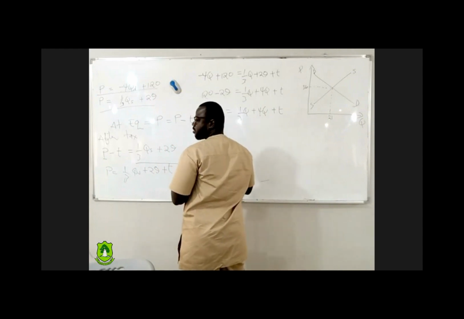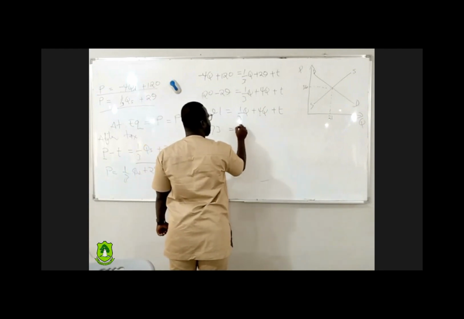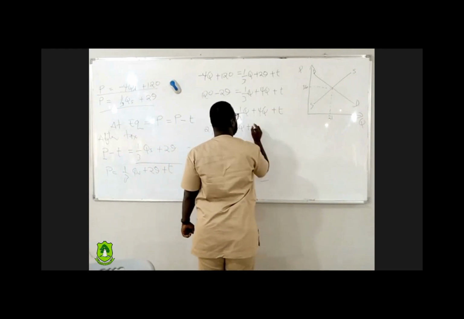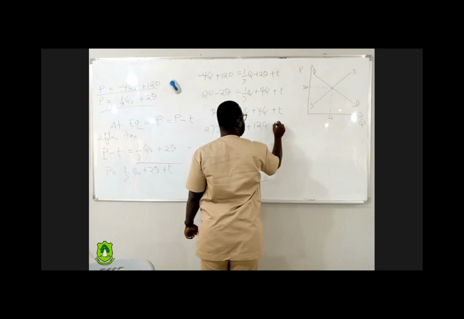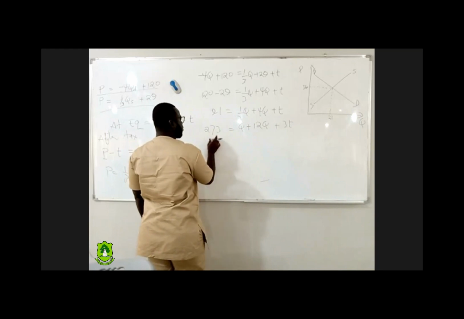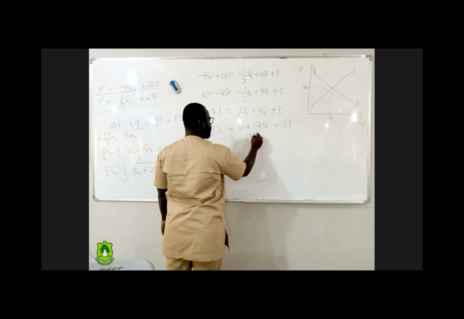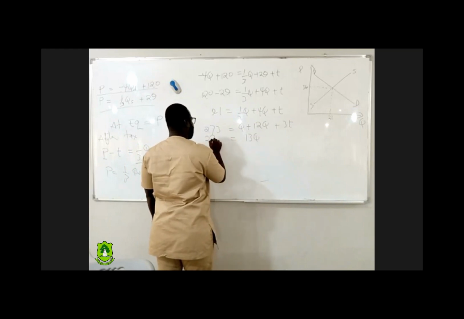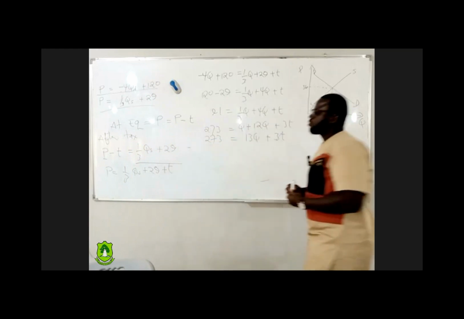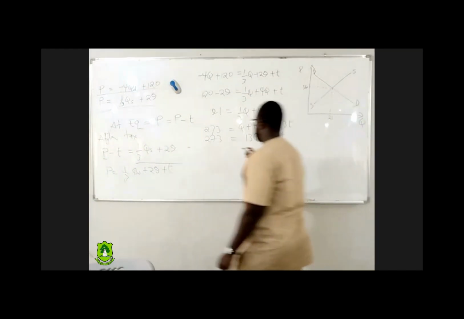So here times 3 plus 30, plus 30. Okay. So this is the quantity side.